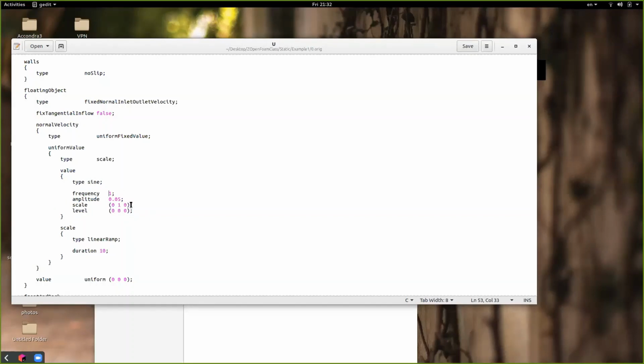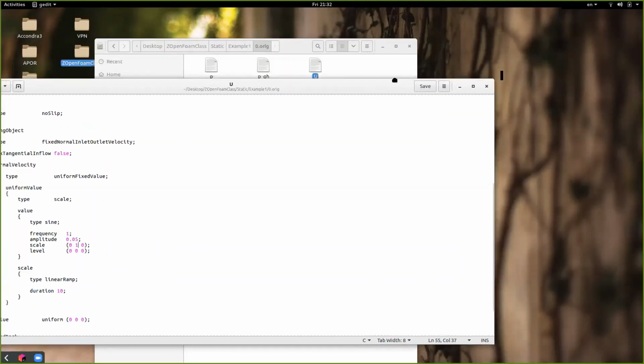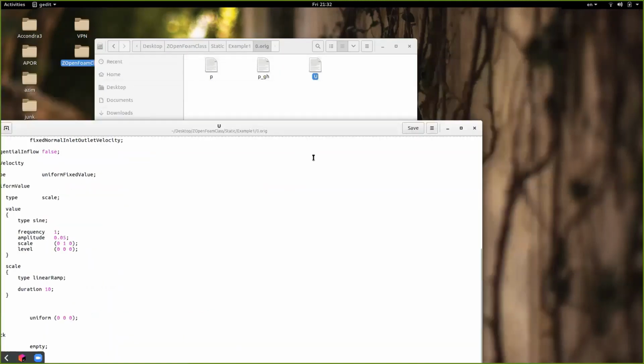Yeah, 1 per second, 1 hertz. And we have got the amplitude of the velocity and the normal direction of the velocity. So we prescribe the velocity field on the body. So that's going to be the boundary condition at any moment. So it's prescribed, and that's it for the velocity.